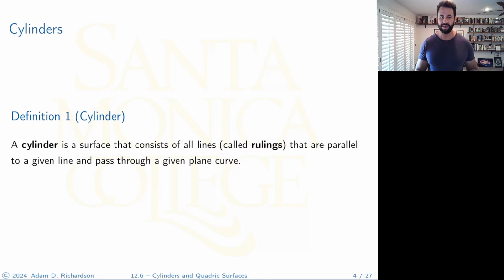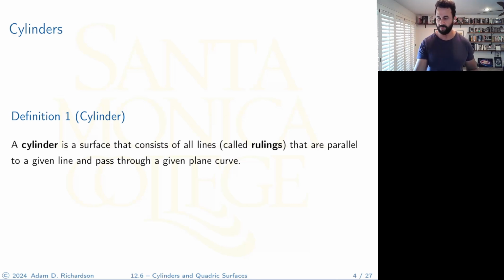All right, so first, what is a cylinder? A cylinder is a surface that consists of all lines, which we call rulings, that are parallel to some given line and pass through a given plane curve. One of the reasons we have this definition is because you might be thinking of a cylinder as just a classic circular cylinder like a can.